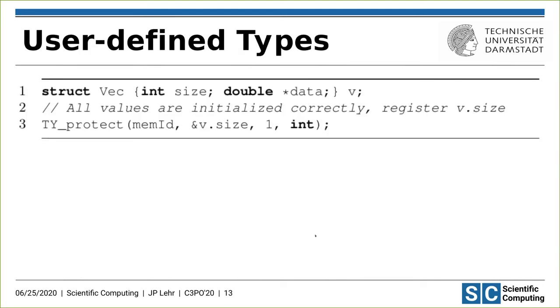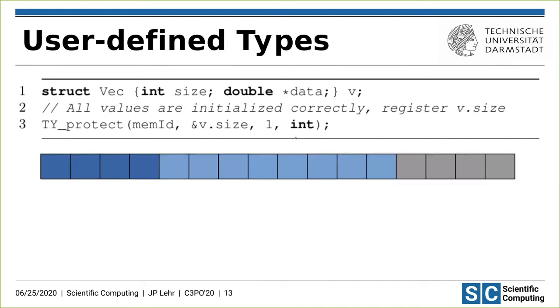Now, considering user-defined types, it's a little more interesting, because so far we only considered built-in types. So here, consider that we have a struct called vec, with two data members, an integer size and a double pointer data. Now, if we write the ty protect macro like this, and we want to checkpoint the size member as one integer, we run into the problem that we have ambiguous addresses here, or ambiguous type information.